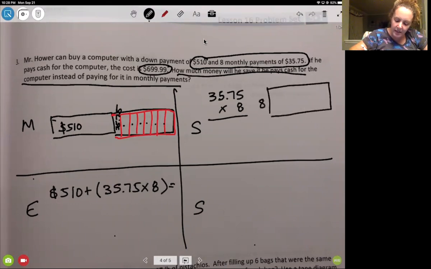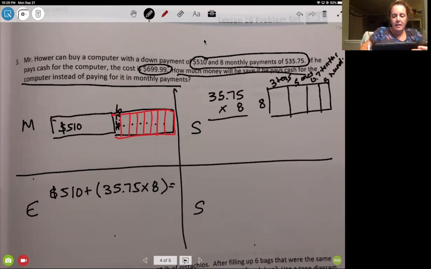There would be 8 on the outside, and you would have 3 10s, 5 1s, and 7 10s, and then 5 100s. I'm running out of room. And multiply that way. So go ahead and take a moment to multiply.